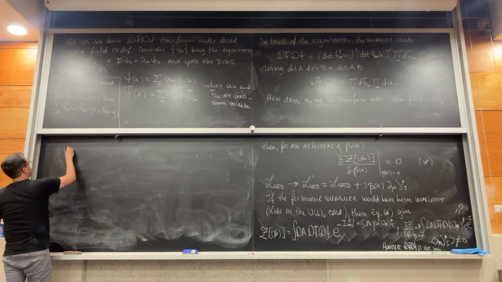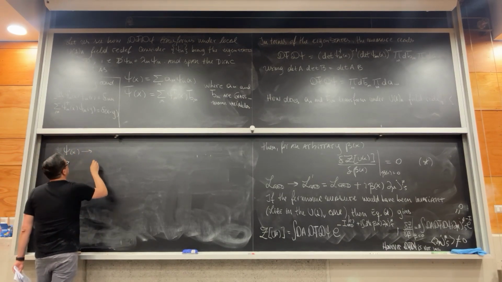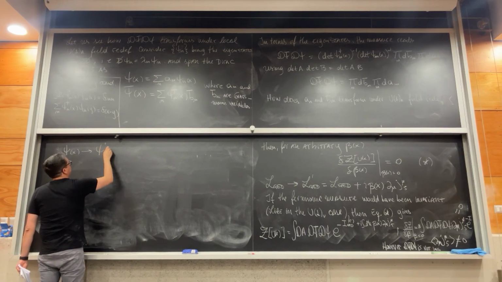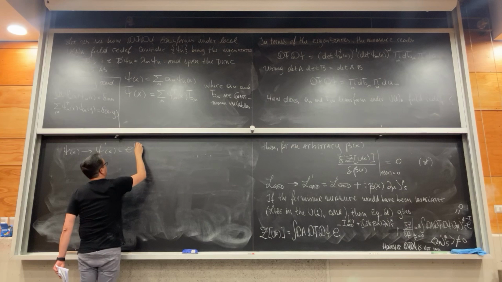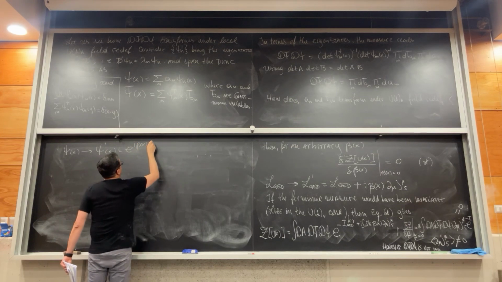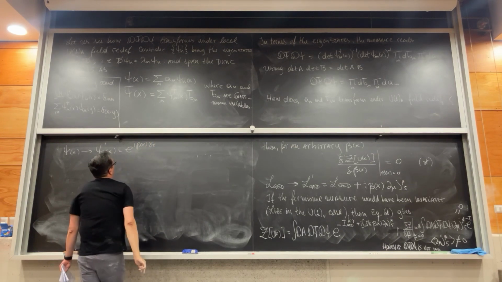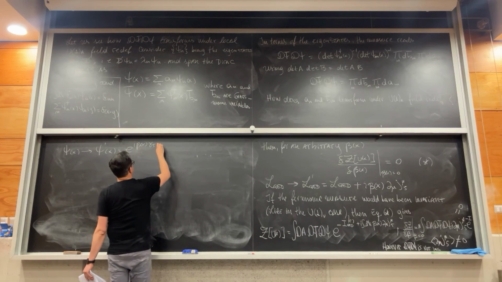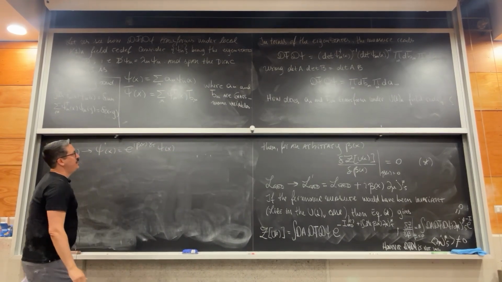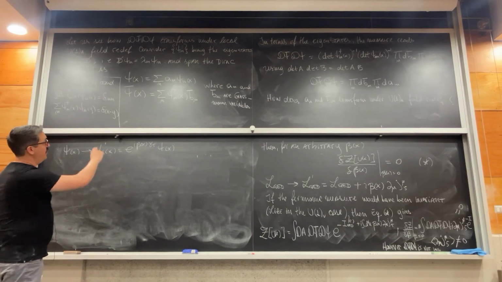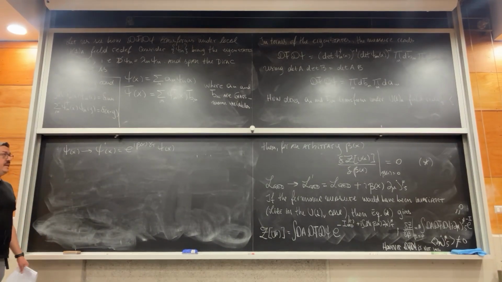So let us take this and perform this local U1 axial field redefinition. But now I will use the decomposition in terms of the eigenstates. Okay?